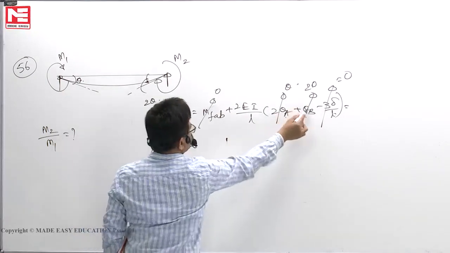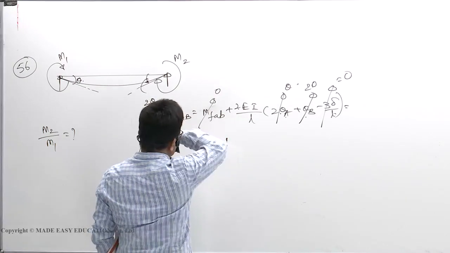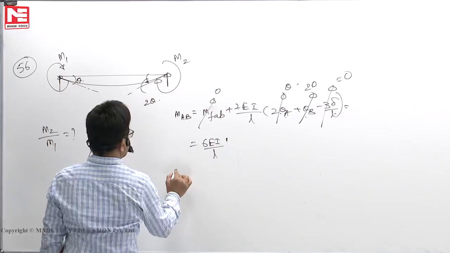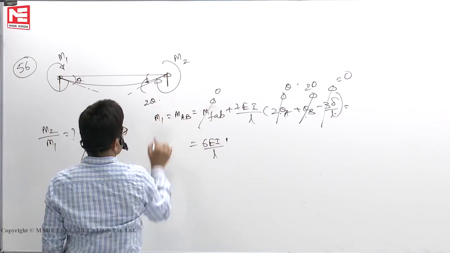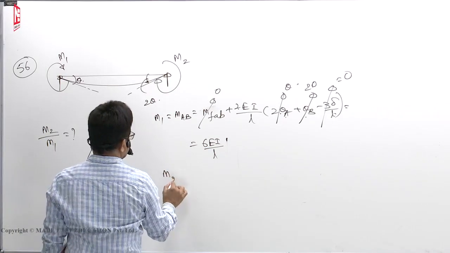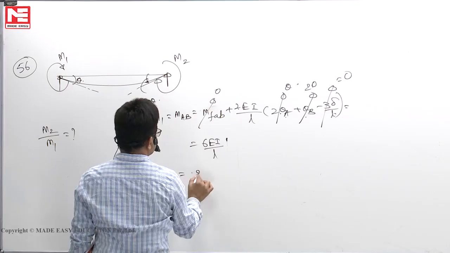So I will get 2 plus 1, 3 into 2, 6 EI by L. Okay, next MBA, this you call it M1, moment at A. Then M2, MFBA is 0.